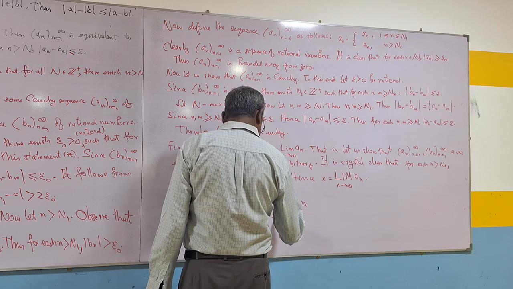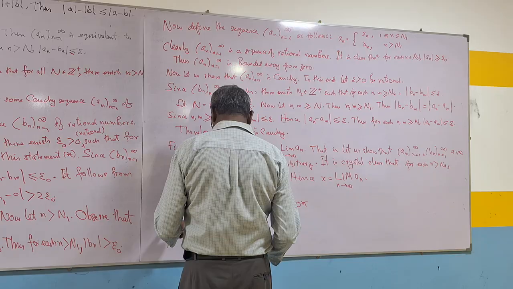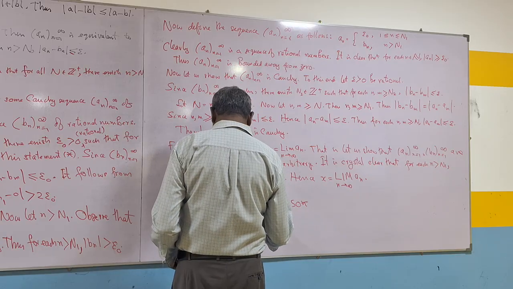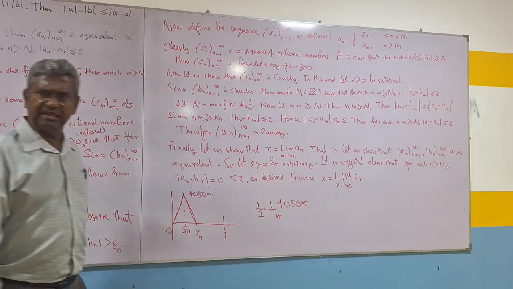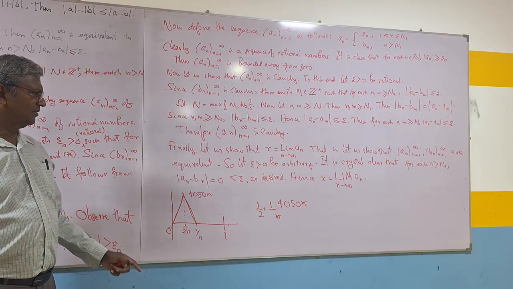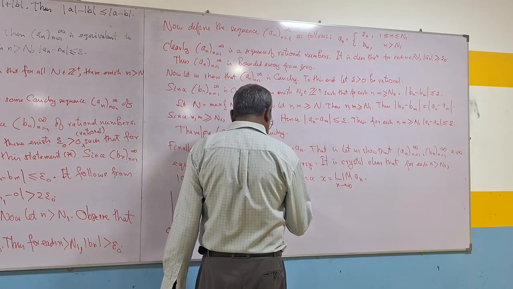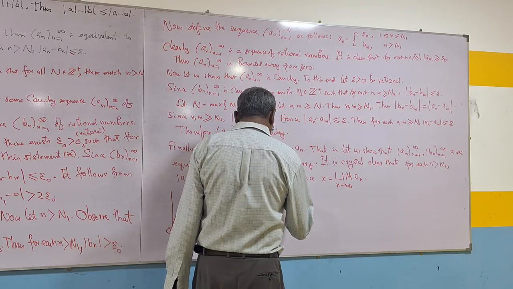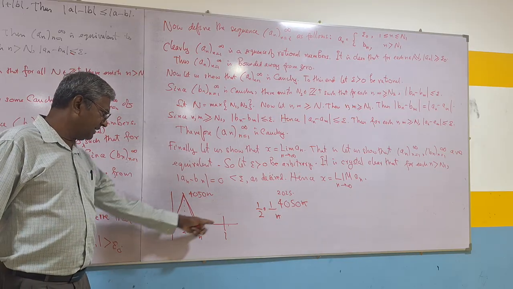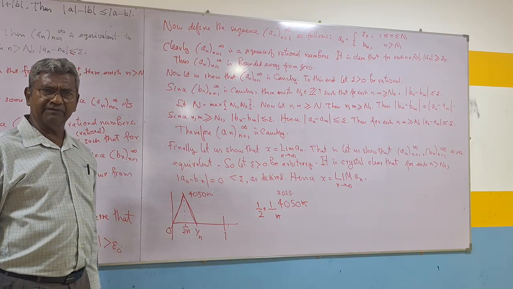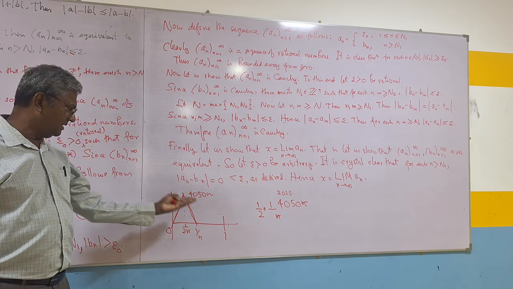Then you cancel n to n. This length is 1 over n. So when you cancel 2 to 2, you get 2025. So if I say this is my Fn, the integral of Fn is 2025. What is the limit of this one?